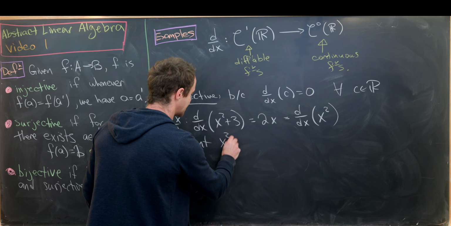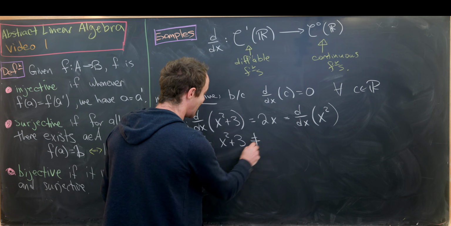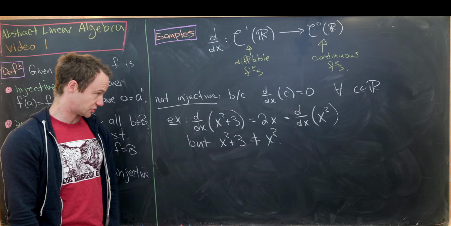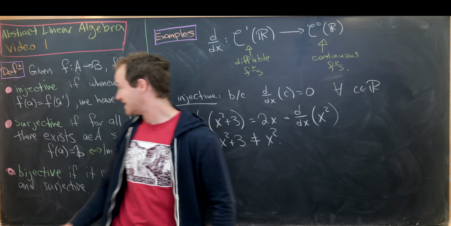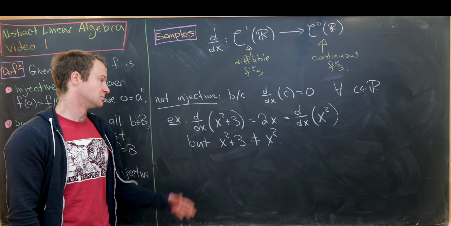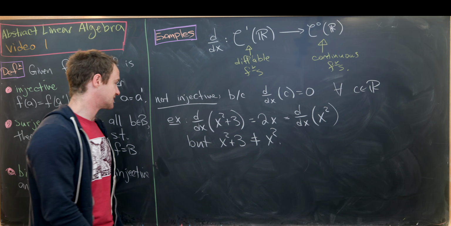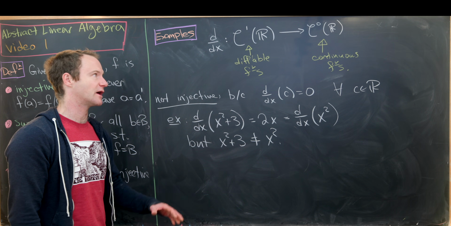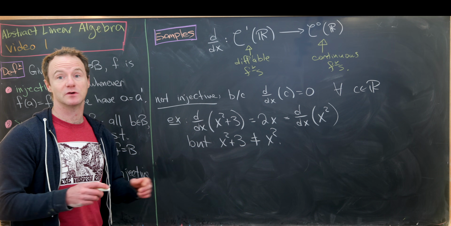But we know that x squared plus 3 is not equal to x squared as a function. So we do not satisfy the definition of injectivity, which means this is not injective. We won't investigate the surjectivity of the function. If you have any ideas whether or not this function is surjective, maybe post them in the comments.